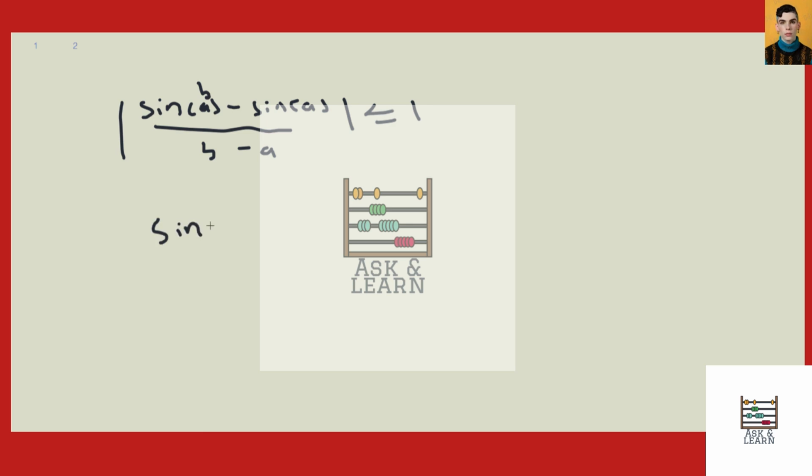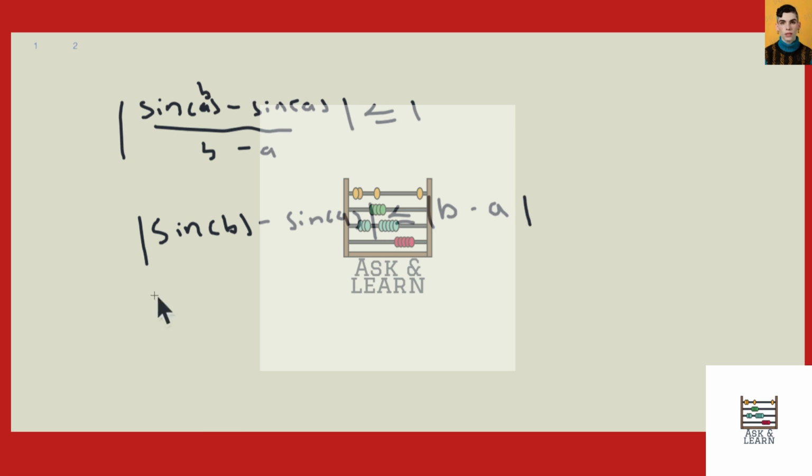So we're going to get the absolute value of sine of b minus sine of a, and this is still an absolute value. And then the b minus a is also an absolute value. So bam, bam.